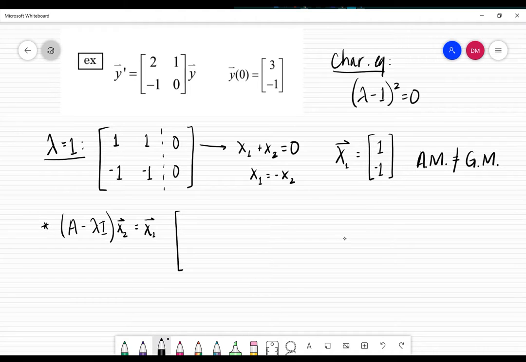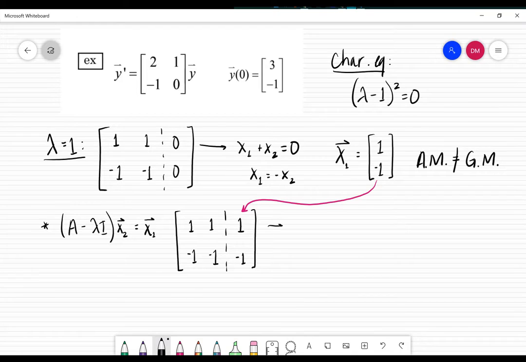So I'm going to go ahead and take my A minus lambda matrix that I have from above, and I'm going to augment it instead with x1 to help me solve for x2. So I'm going to go ahead and plug in the 1, negative 1 that I found here for my first eigenvector. Again, we derived in class why we can do that. That allows us to hopefully find a different solution.